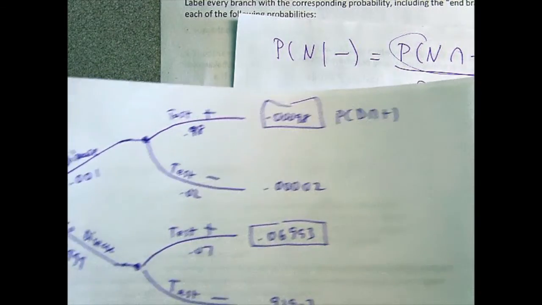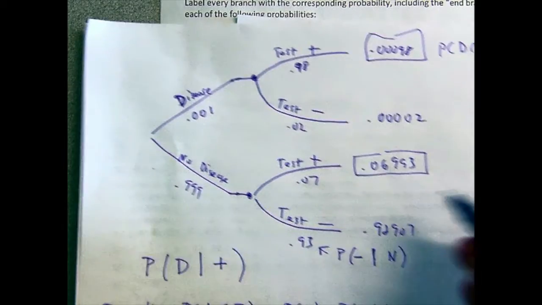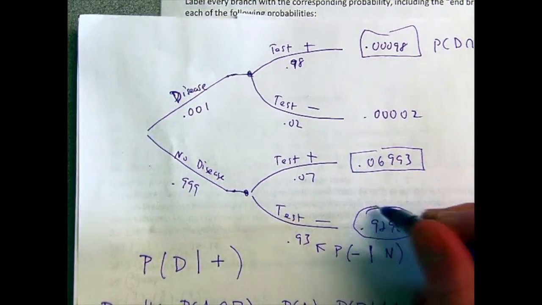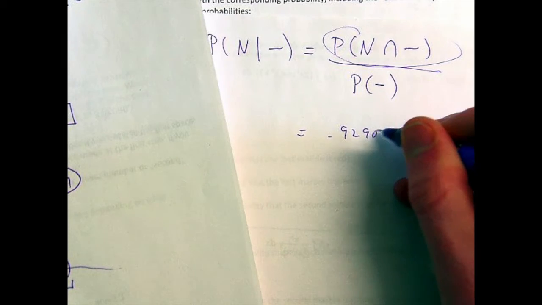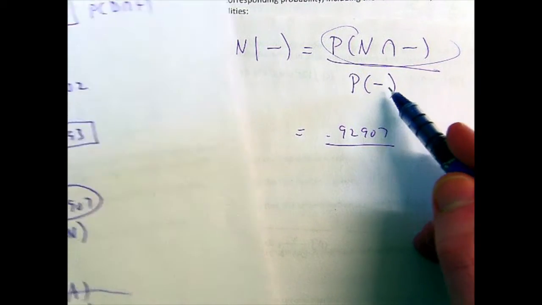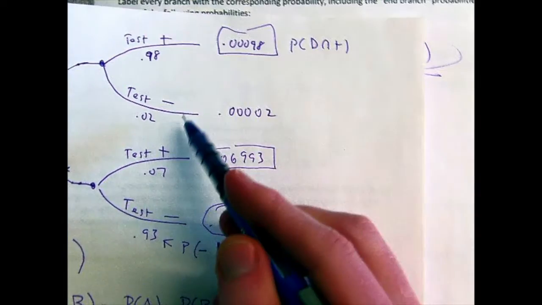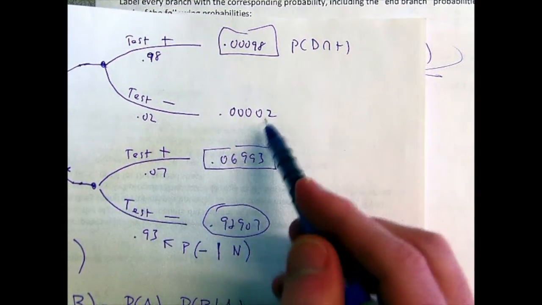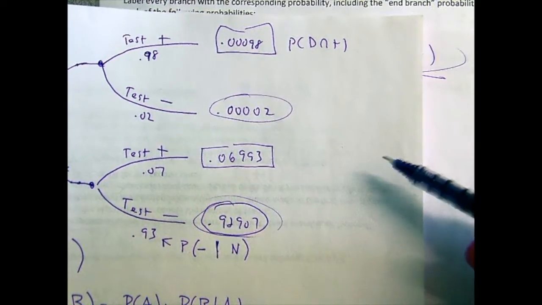N and minus, no disease and negative, is this one here, 0.92907. Over the probability of testing negative, which is associated with multiple branches in the tree diagram, this one here and also this one here. Whenever you have multiple branches associated with an outcome, you need to add them together.